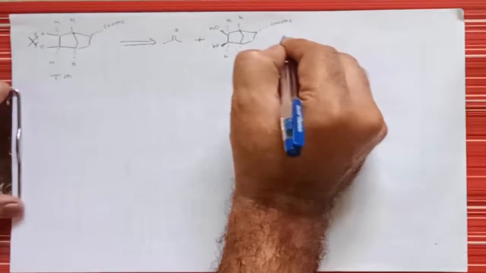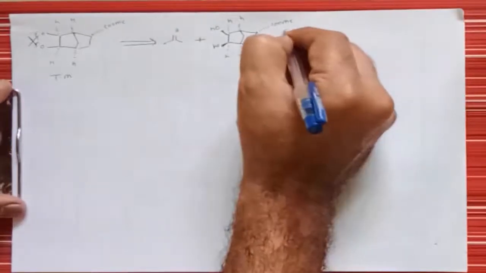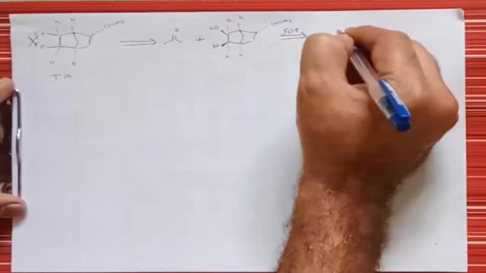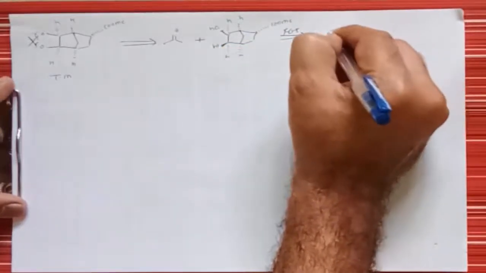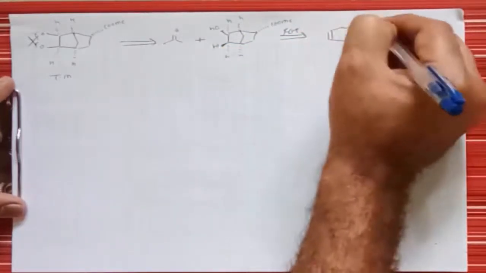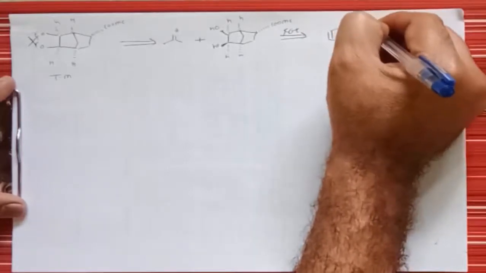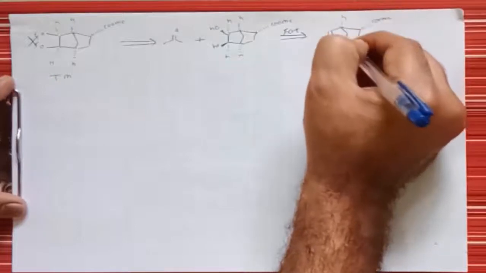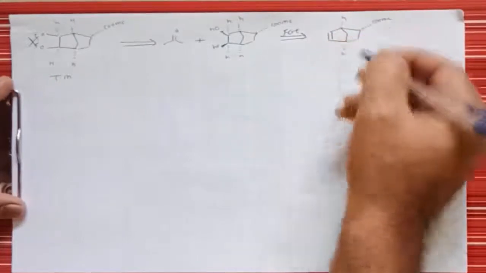Then we know that if there is a diol, in that diol we can go for functional group interconversion. Instead of the diol we can take a double bond here, and if there is a double bond, then it gives formation of a compound like this, hydrogen. So this is hydrogen, right?